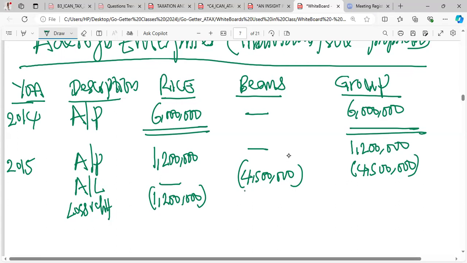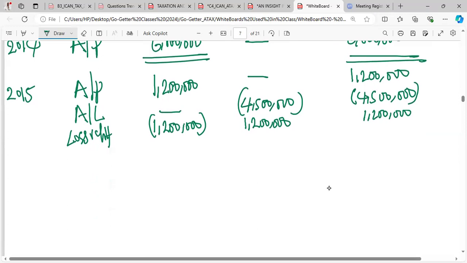So this 1,200,000 here is this same 1,200,000. You are taking it from beans to relieve from rice. So it means that 1,200,000 is being relieved here, so to speak.